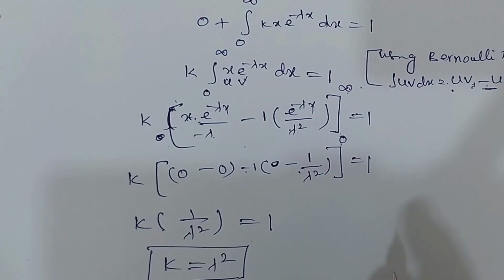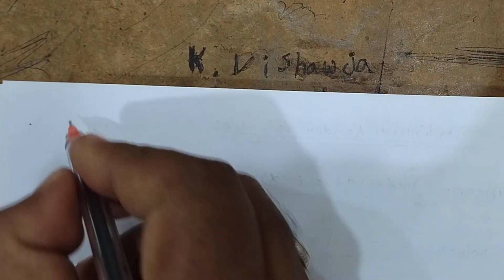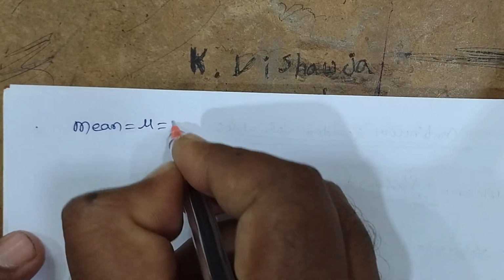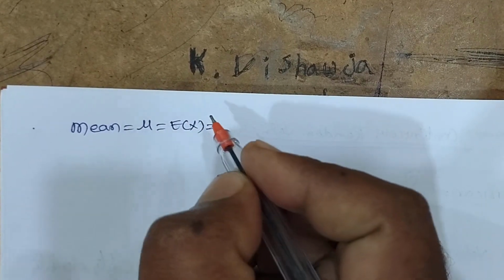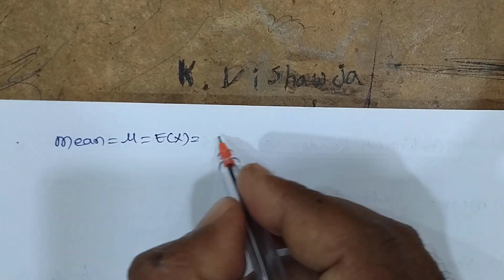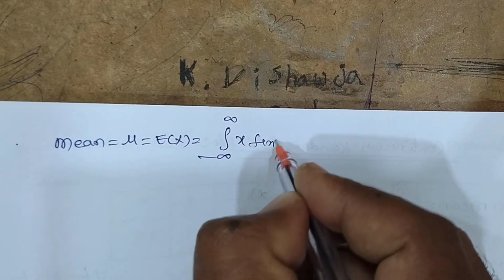Okay, right. Next, the mean. In this problem we now calculate the mean. The mean mu, or expectation E of x, in a continuous random variable is the integration from minus infinity to infinity of x into f of x dx.